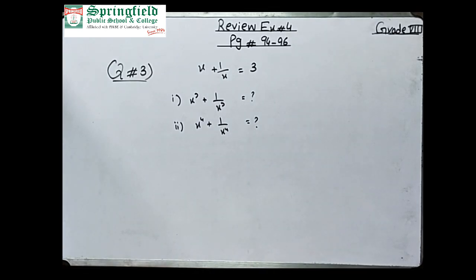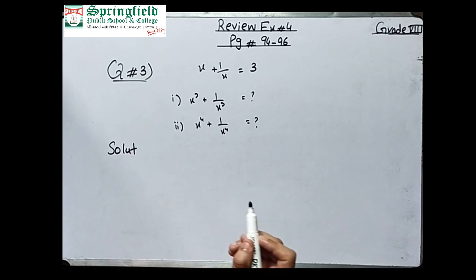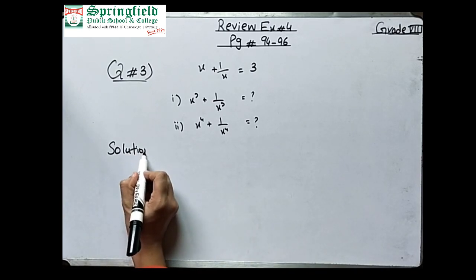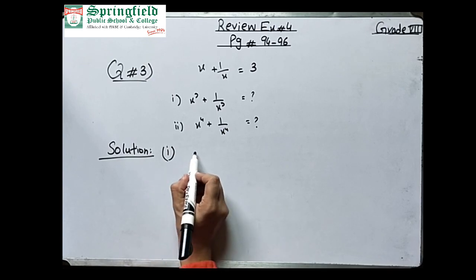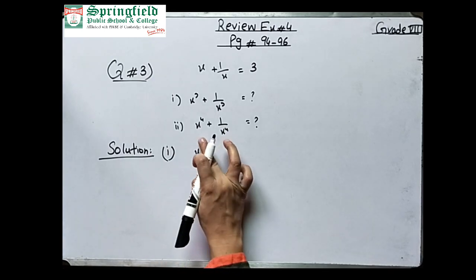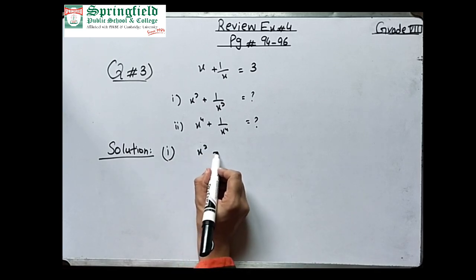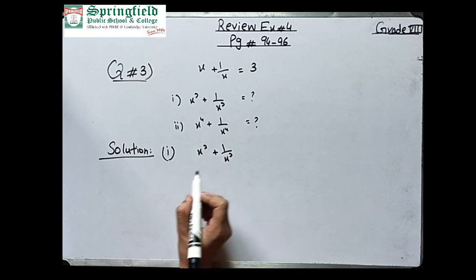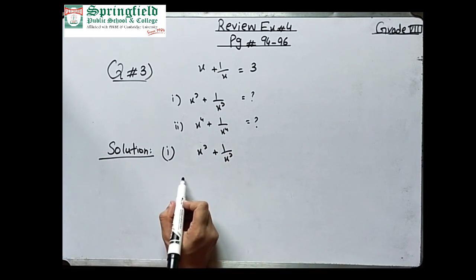Okay, now how will we solve this question? First part, x square plus 1 by x square. How can we find it?